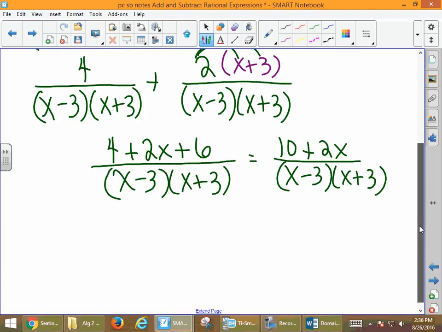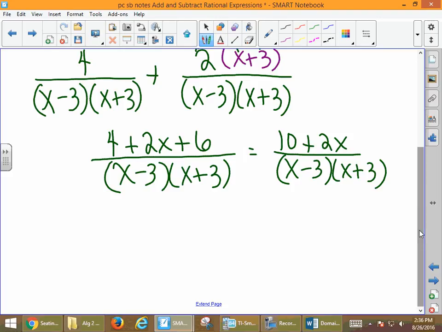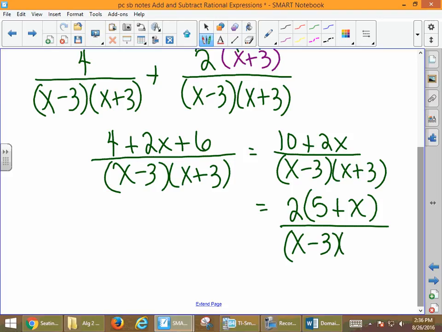We do notice that we could factor out a GCF. We've got 2 as our GCF, and then we've got 5 plus x, over x minus 3 and x plus 3. But remember, all that we've done so far is we've looked at the top of the fraction.